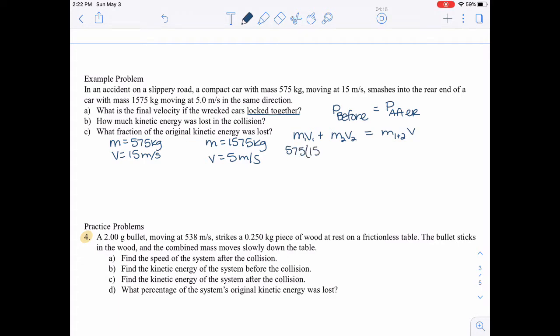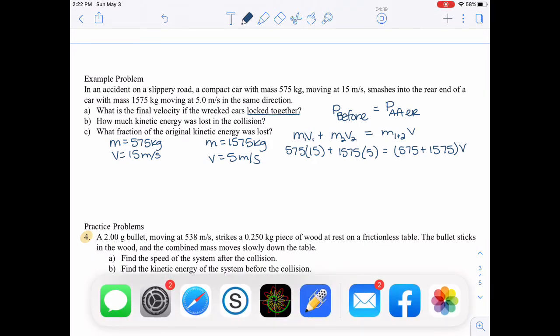So I'm going to start there. 575 times 15 plus 1575 times 5. Their ending mass is their sum, and we are solving for the velocity.